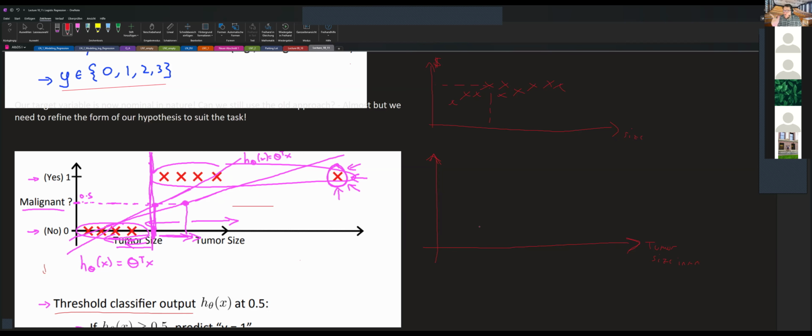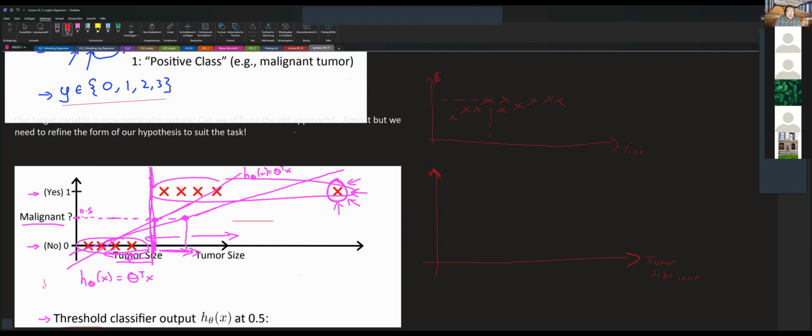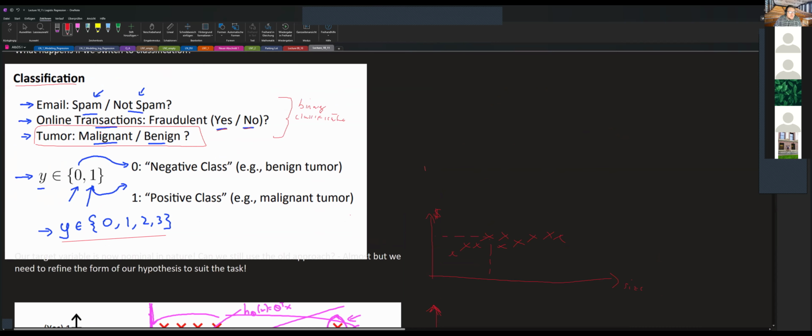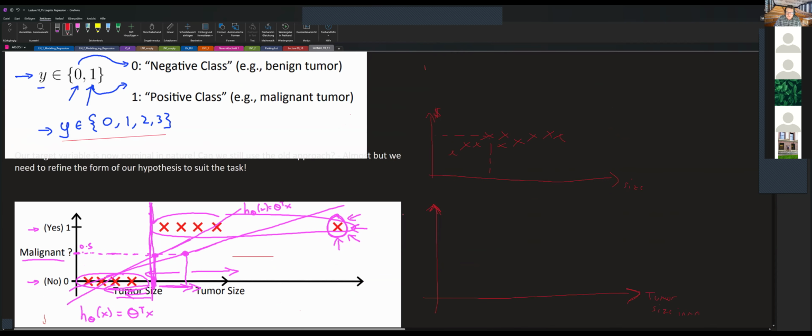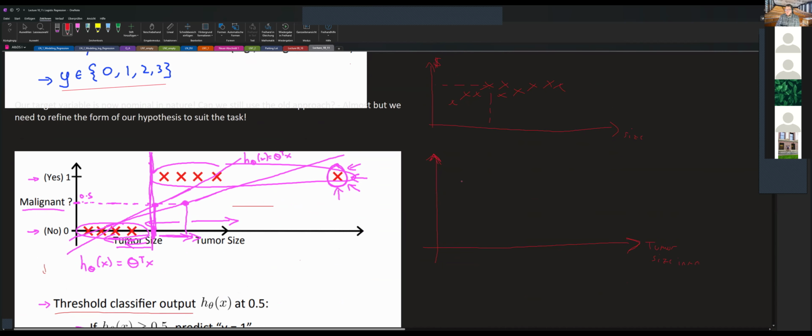But what's the difference with the Y? The data says we only have two things, malignant or benign. You can see I haven't drawn anything yet. What's the difference in the y-axis? The x-axis is not really different; both are numerical scaled variables. But what's the difference in the y-axis?